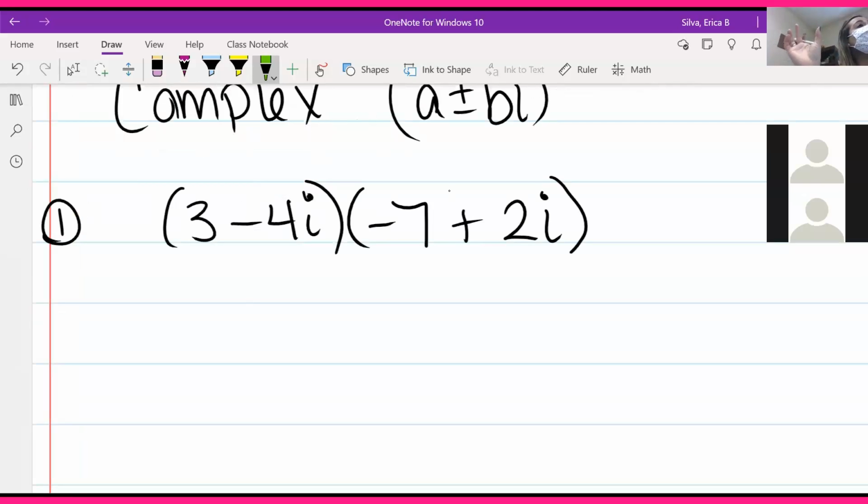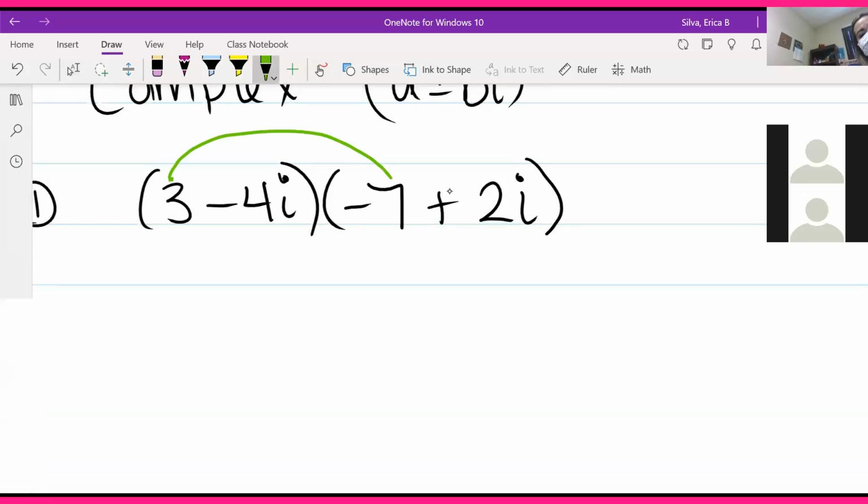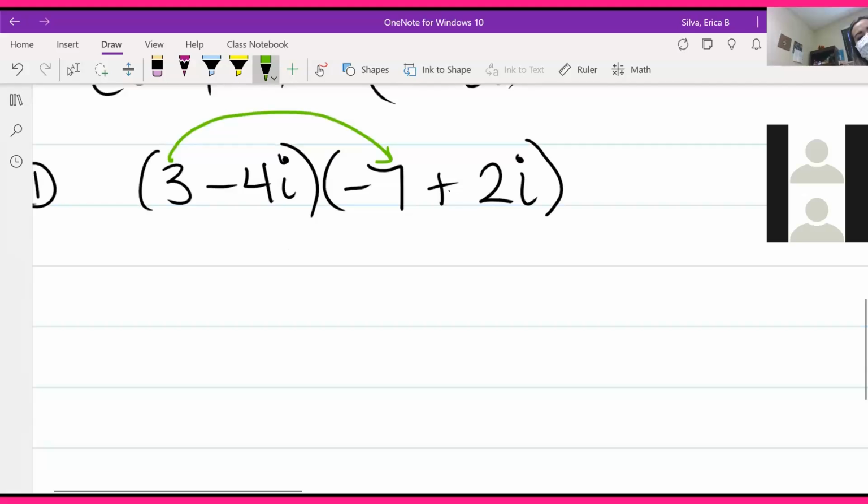You have two parentheses and you double distribute. That's what we're doing here. We're going to start with 3, and we're going to multiply it times -7, and that gives us -21.